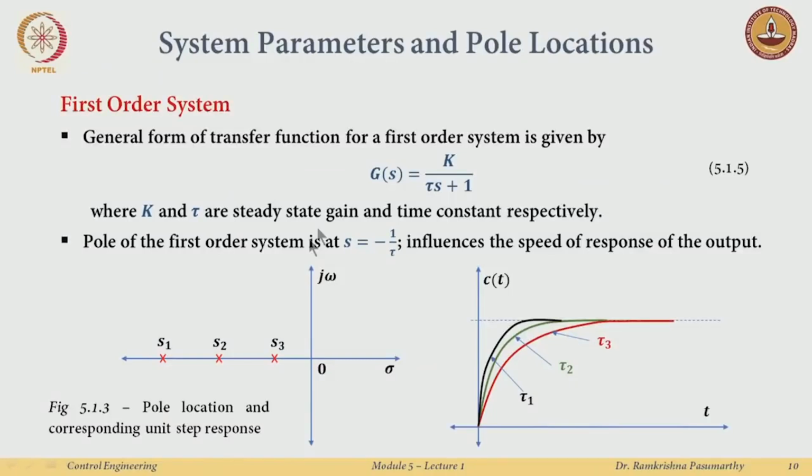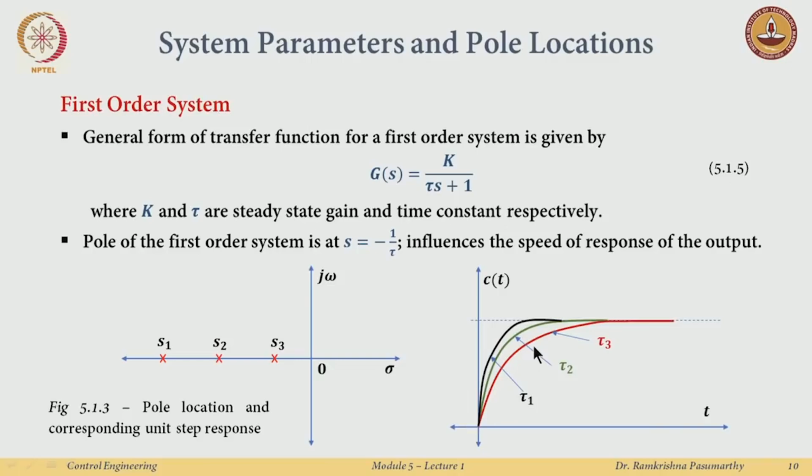So, how is pole location related to the performance? Well, we analyzed this while we were doing first order systems. Say for different values of poles, at s1 I will have a faster response, s2 slightly slower, and the slowest will be for s3. So, this is how the location of poles influences the performance.